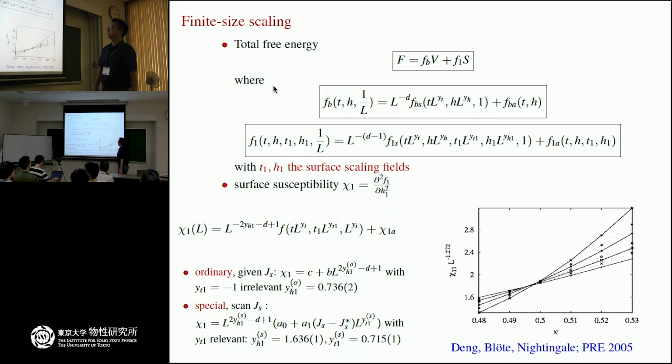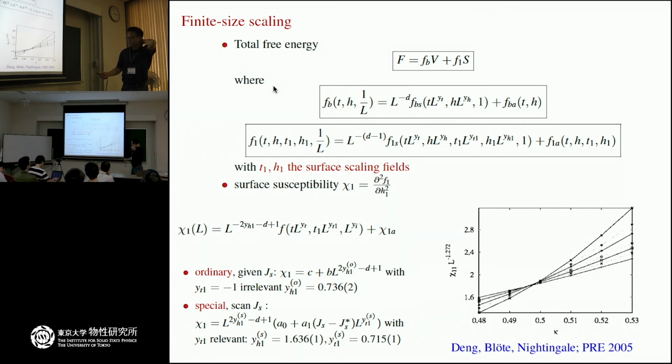So if I put H and H1 to 0 and T and T1 to 0, then I'm at the special point. Is that correct? Yeah, exactly, that's the special point. So that is a fine-tuned point, where those 2D critical lines meet the 3D critical.